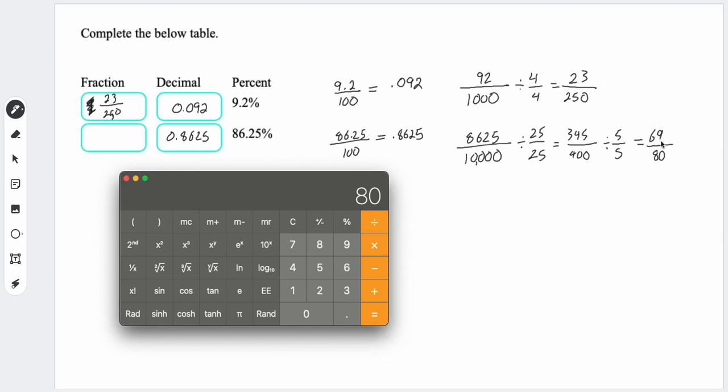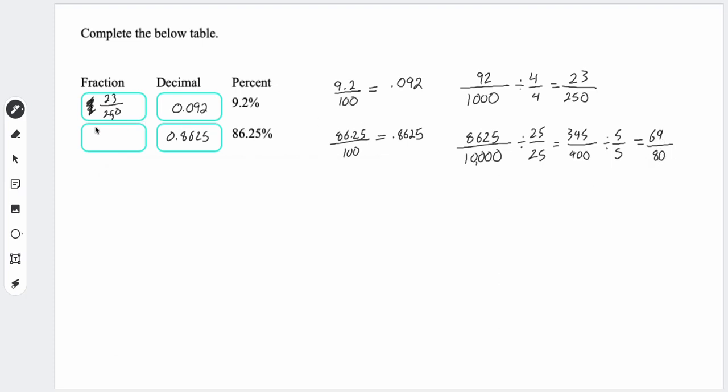And I don't think that we can divide this anymore because 13 times 3 is what 69 is. And I don't think we can divide 80 by either one of those. So I think this is as far as we can go. So 69 over 80 would be your fraction.